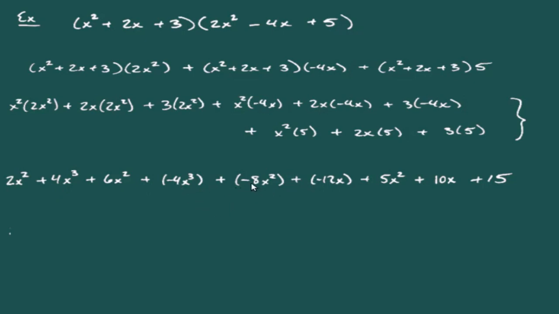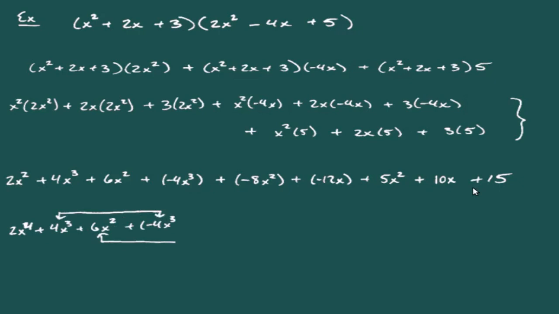So plus our 2x times negative 4x gives us a negative 8x squared plus our 3 times negative 4 gives us a negative 12x plus our x squared times 5 gives us 5x squared plus our 2x times 5 gives us 10x plus our 3 times 5 gives us a 15.